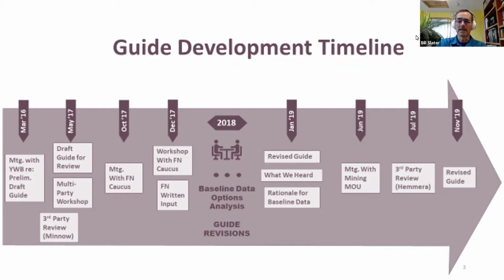And we spent 2018 making revisions and doing some analysis to understand what we needed to change in the guide, and produced a revised guide by early 2019, along with a What We Heard document and rationale for the baseline data requirements, which I'll talk a little bit more about in a moment or two.